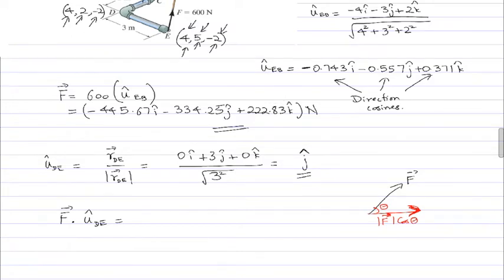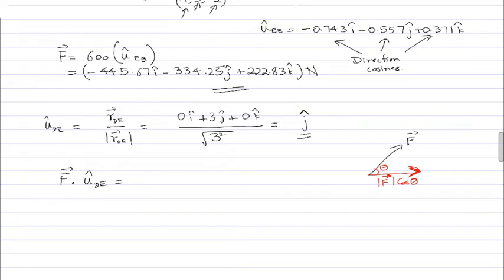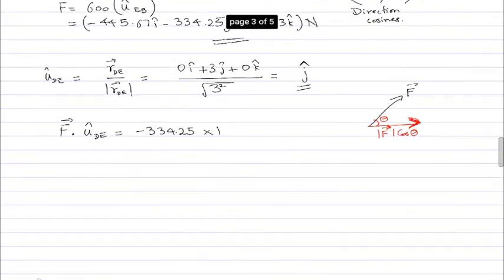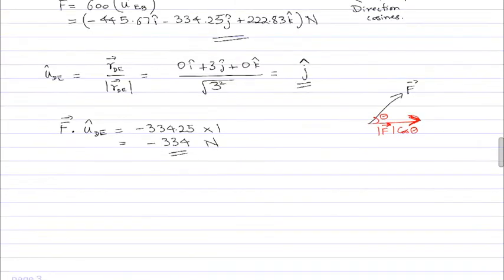So the only remaining component here is the y component. So F dot uDE would just be negative 334.25 times 1. And that's rounded off to negative 334 newtons.